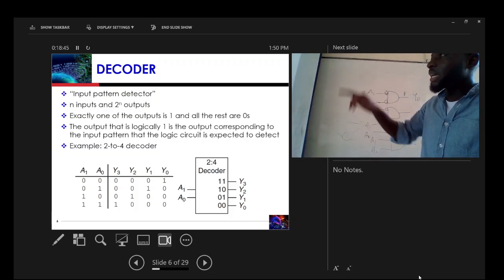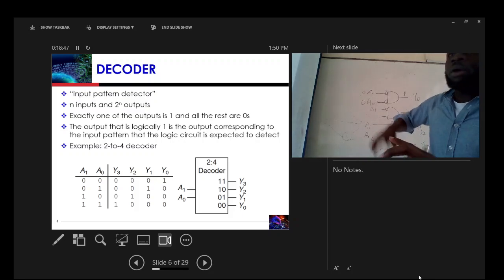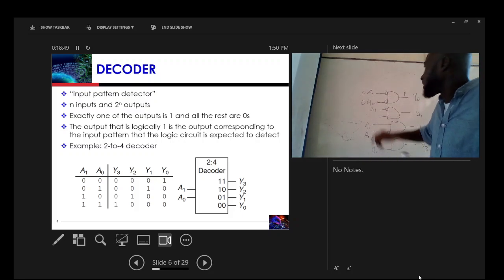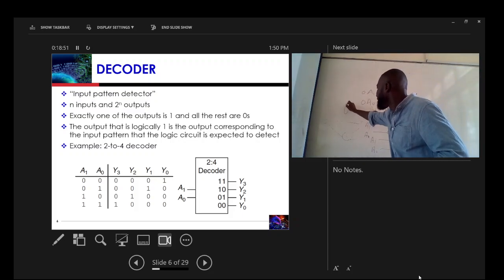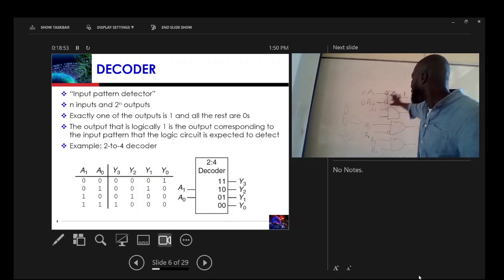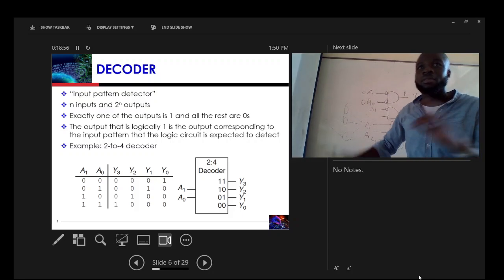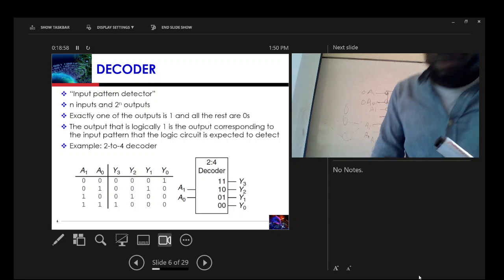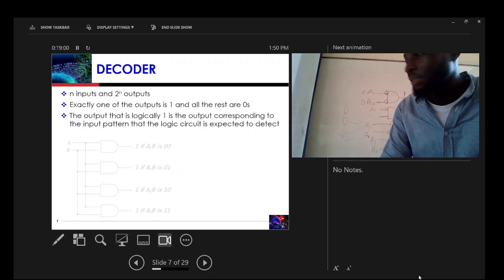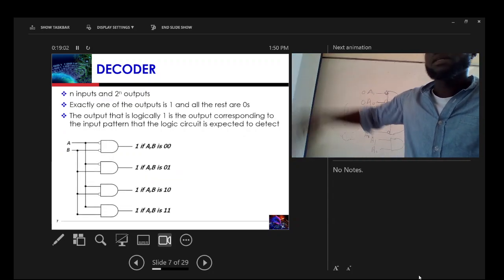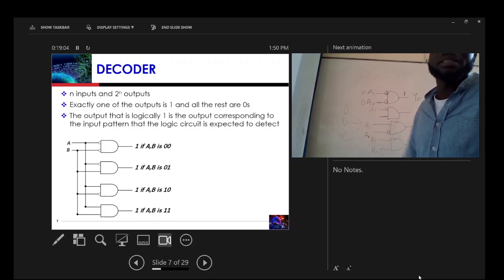If I give it 0, 0, only Y0 will be on, and all the rest will be 0. So if I give the circuit 0, 0, you can see that only this one will be on and all the rest will be off. This is how it will look, and it's the same as the earlier one, just separated.